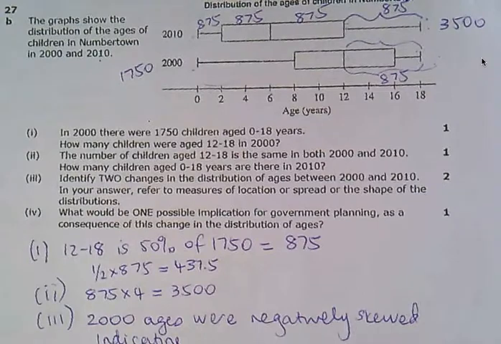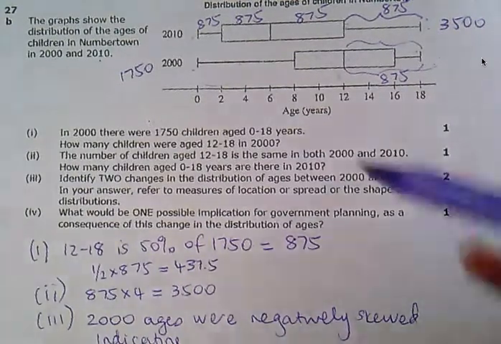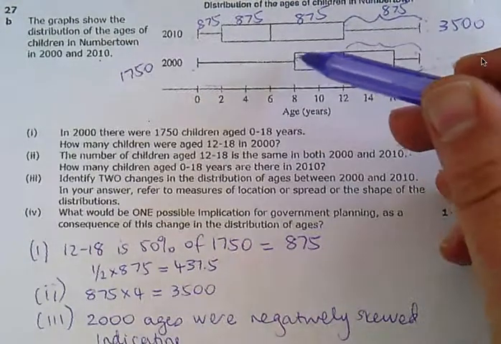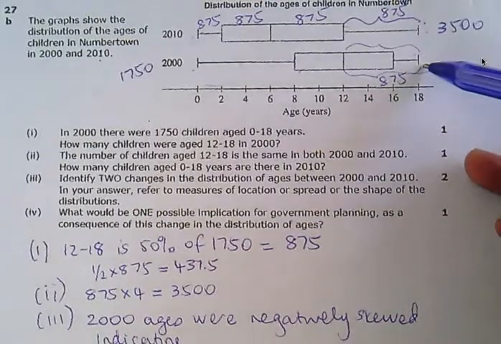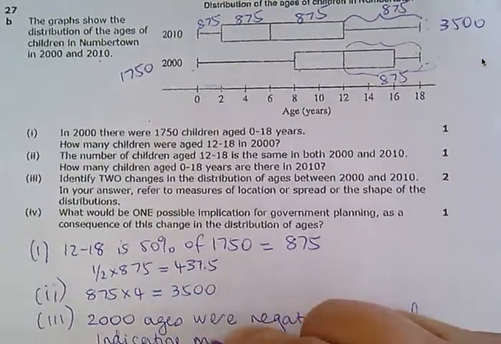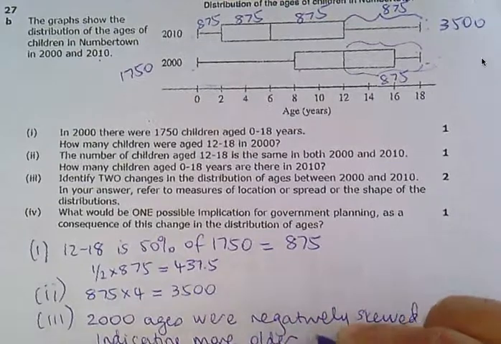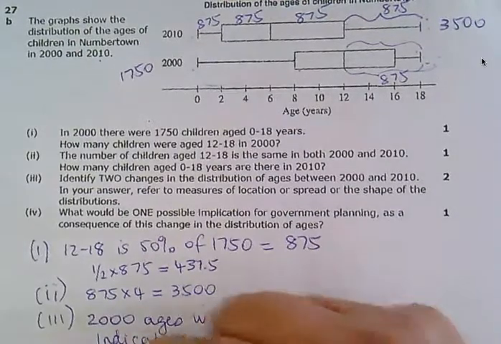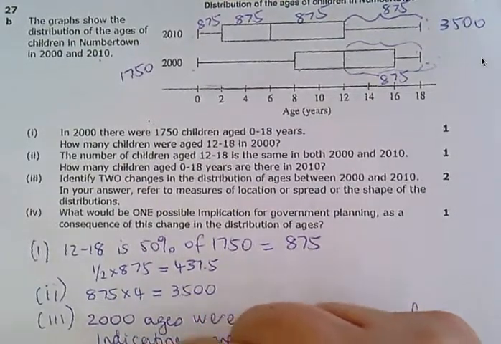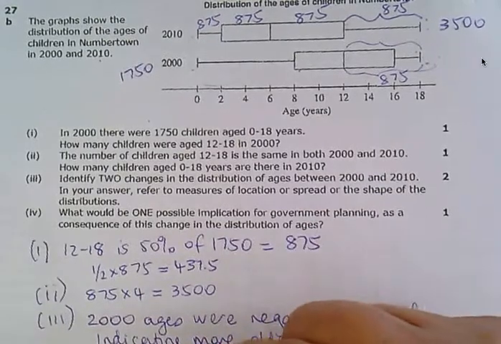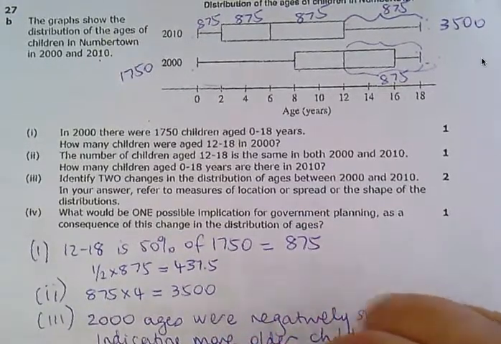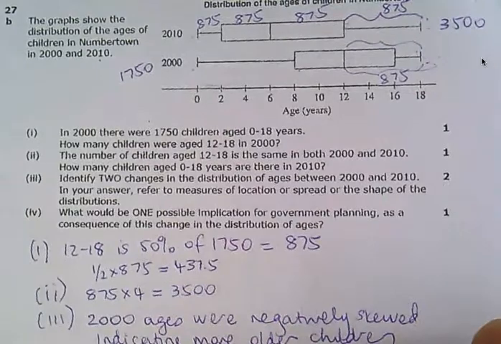Do you know what I mean? They were more clustered. Well, look, 75% of them were 8 to 18, negatively skewed, indicating more older children. For example, you could say 75% of the children were between 8 to 18.